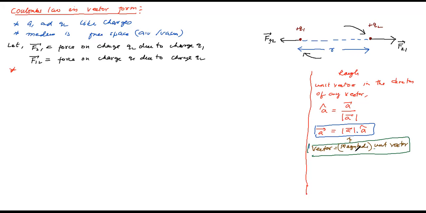Why is this unit vector attached with the magnitude? In order to show the direction of the vector, because any unit vector always has a magnitude of 1. Since the magnitude is 1, it will not affect the magnitude of this vector. Understood?